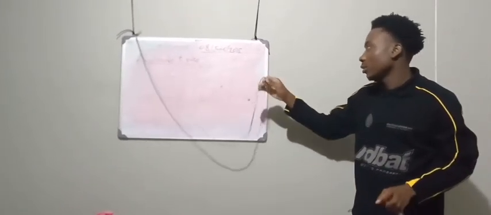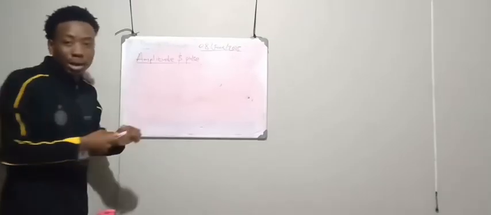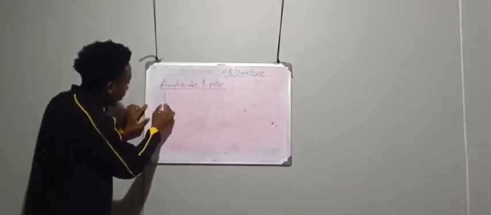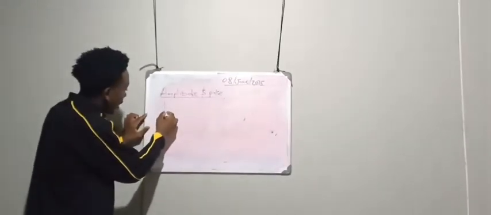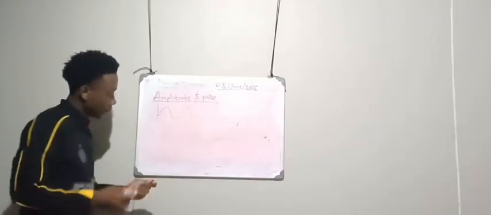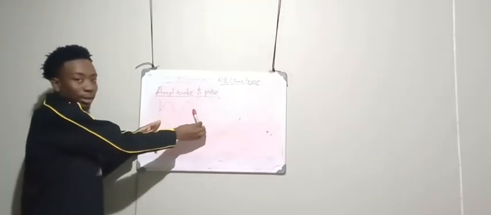Let me flick it a second time. If we could draw what happened there, we can draw it like this. We tied our string here on the wall, then our string has moved like this. So this was the movement of our string.